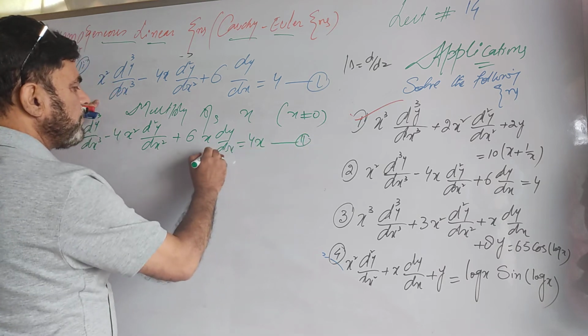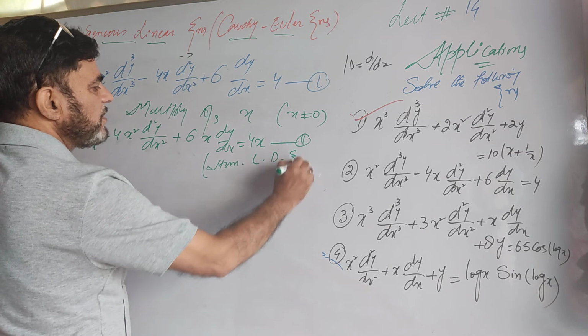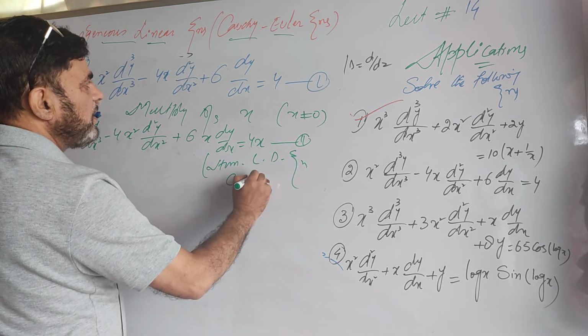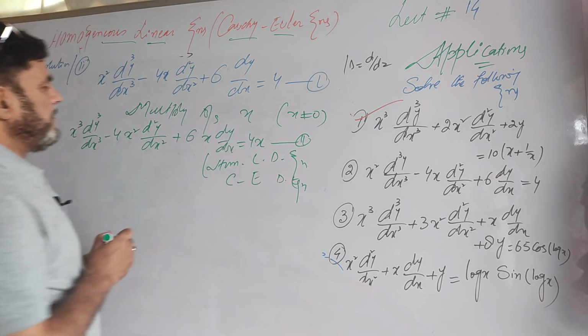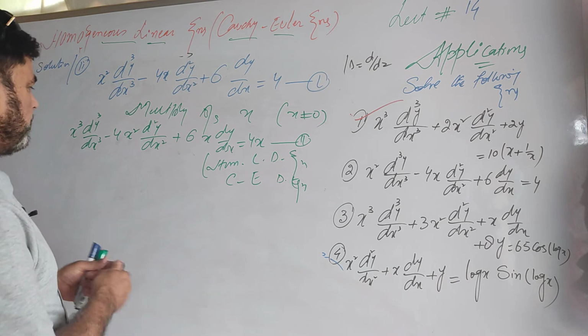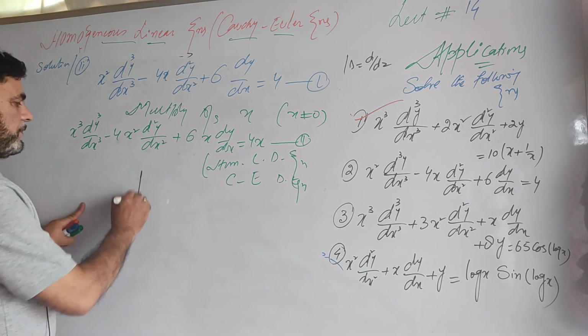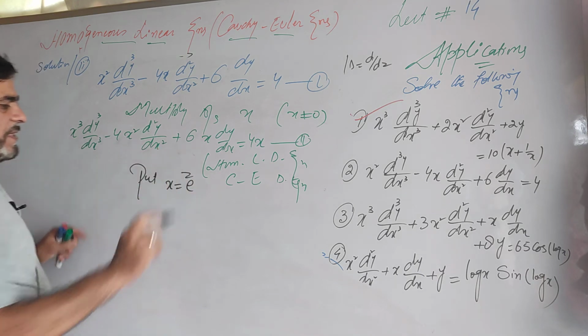Now this is a homogeneous linear differential equation or Cauchy Euler differential equation. How do you solve it? You make the suitable substitution, x is equal to e raised to the power z.